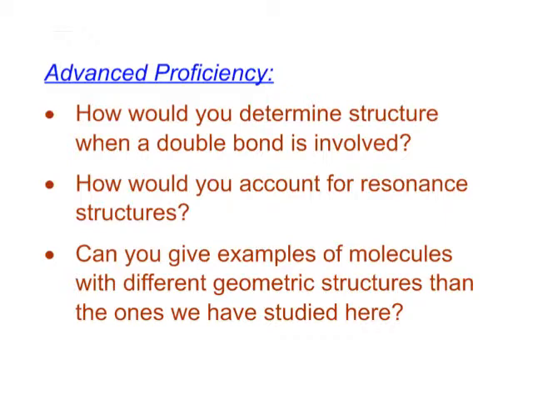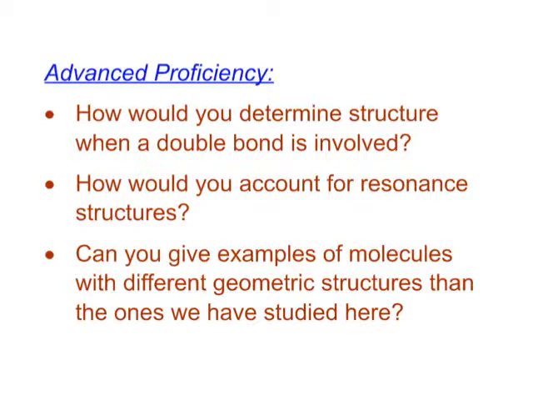For some advanced proficiency, if you'd like to go above and beyond and research this a little more, you can look at how you would follow the VSEPR rules for determining structure when a double bond is involved in the molecule, because we haven't talked about that. You could research how you would account for resonance structures. Those two questions go together a little bit.